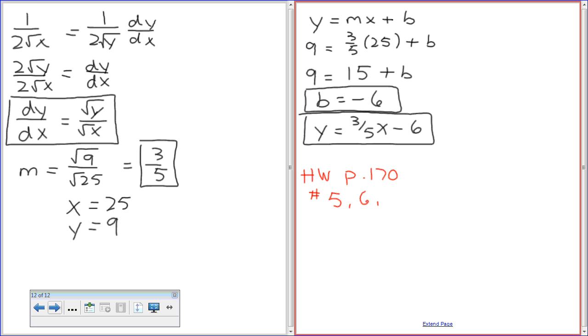I think that's what it was supposed to be last night, 5, 6, 7, 8. I'm going to do 15, and then I'm going to call it a day here, okay?